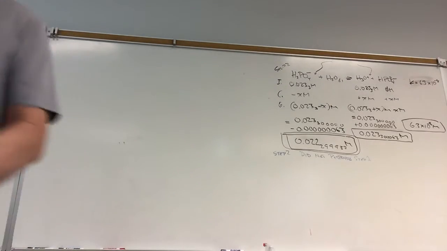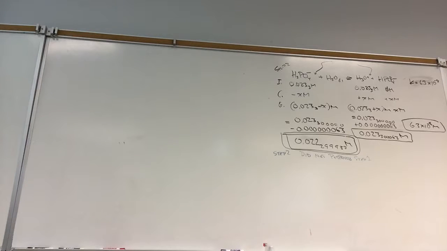You know, if we're interested in a pH, did step 2 really change the pH at all? If you were to do a pH calculation, which is a negative log of the hydronium, no, the pH is going to be the same.